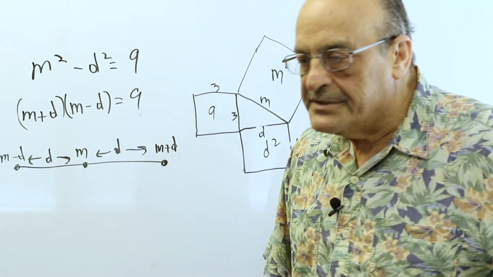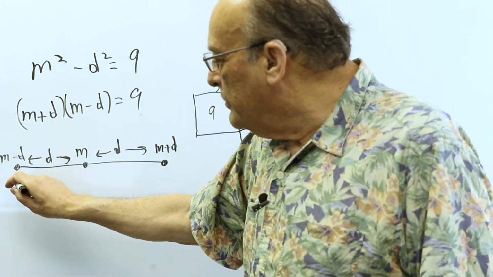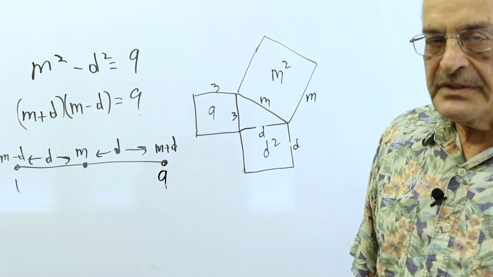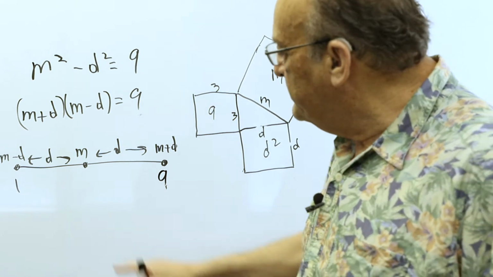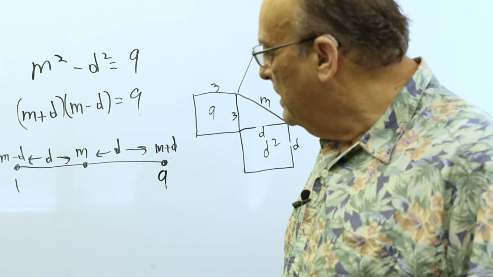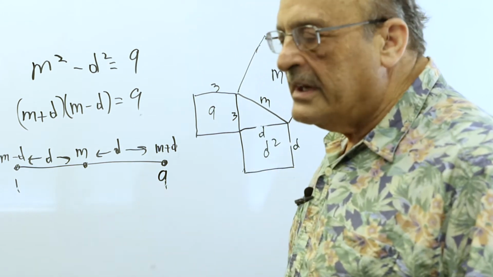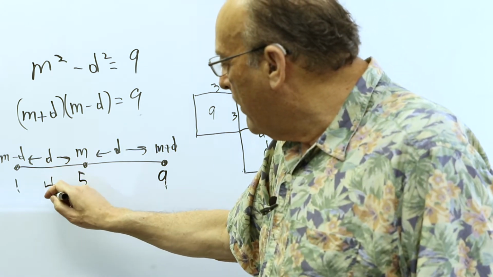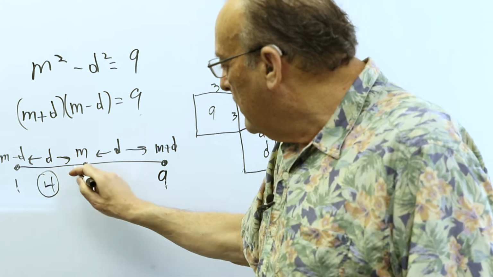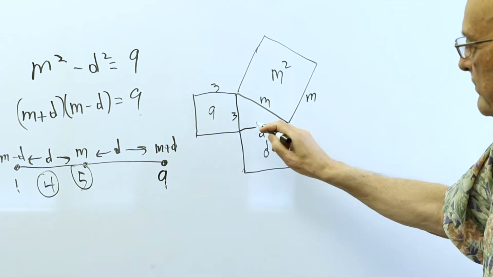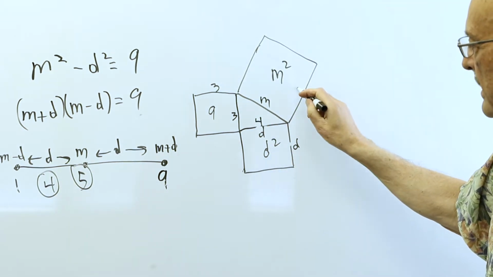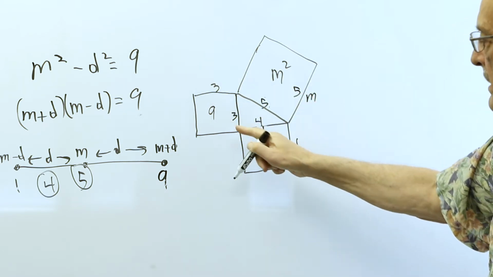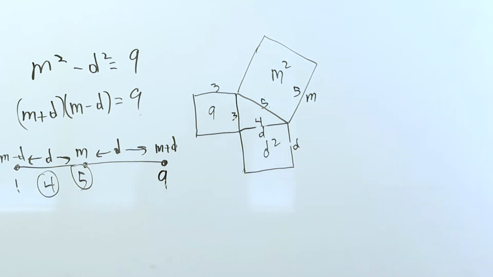And I want to use whole numbers. So I can only go 1 times 9. I can't go 3 times 3 because they're two different numbers. So M is going to be halfway in between. So I can add the two ends and divide by 2, and I get 5. And D is 4. So that gives me 4 and a 5, and I end up with the famous 3, 4, 5 right triangle.